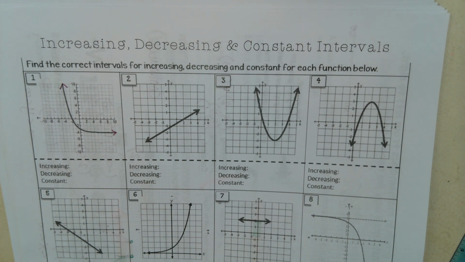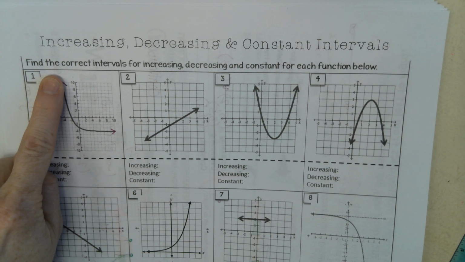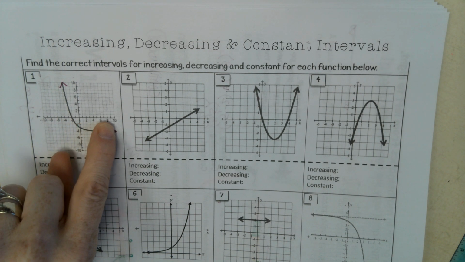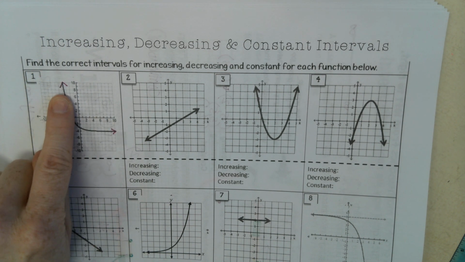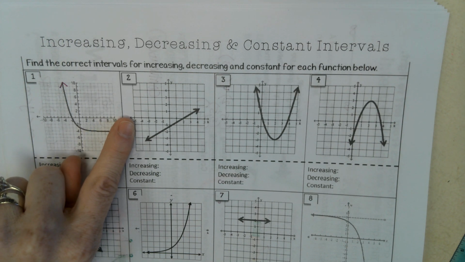Okay? Now I want you to take your handy dandy pointer finger and we are going to trace this graph from left to right. As I move to the right, what is my function doing? It's decreasing, right?